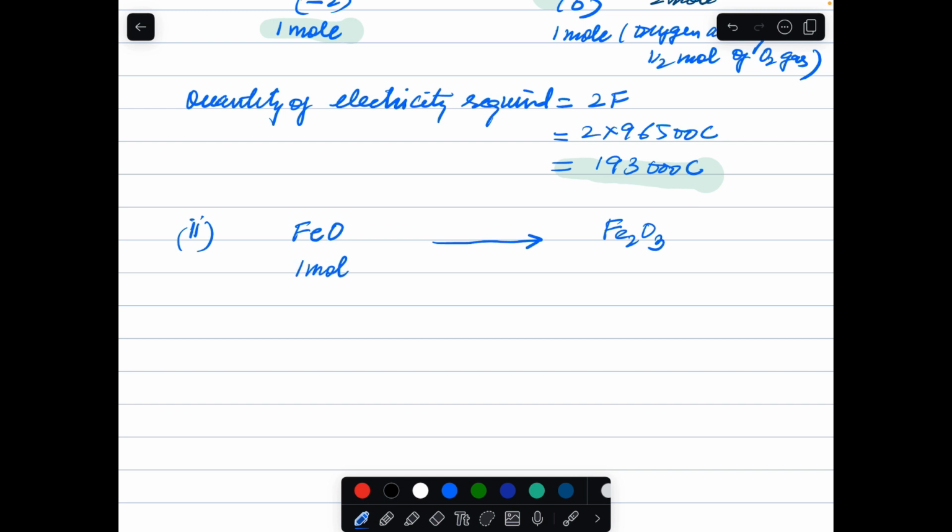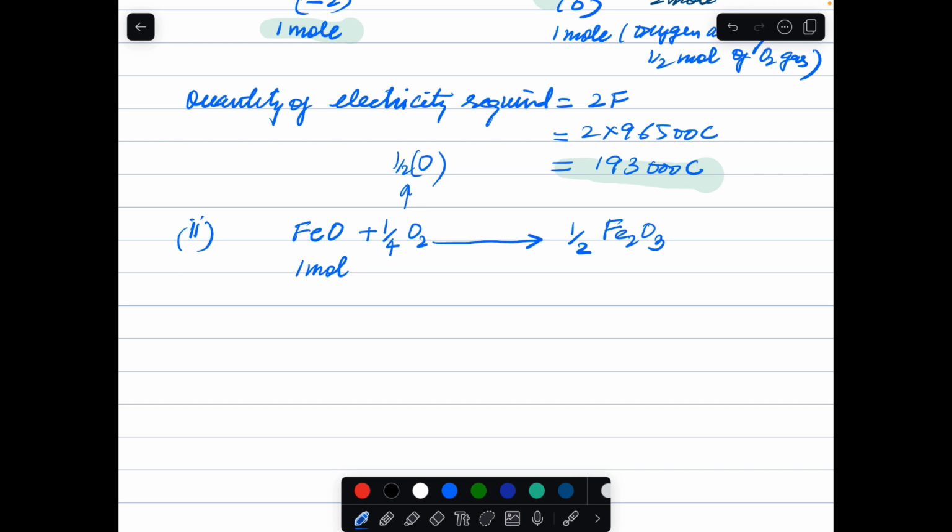For this process, we will require some oxygen, and we will need 1/4 of an oxygen molecule, which is nothing but half an oxygen atom. So don't get confused about why I'm writing 1 by 4. And here we will get 1 by 2, half a mole, of Fe2O3. These are the stoichiometric coefficients to balance the equation.